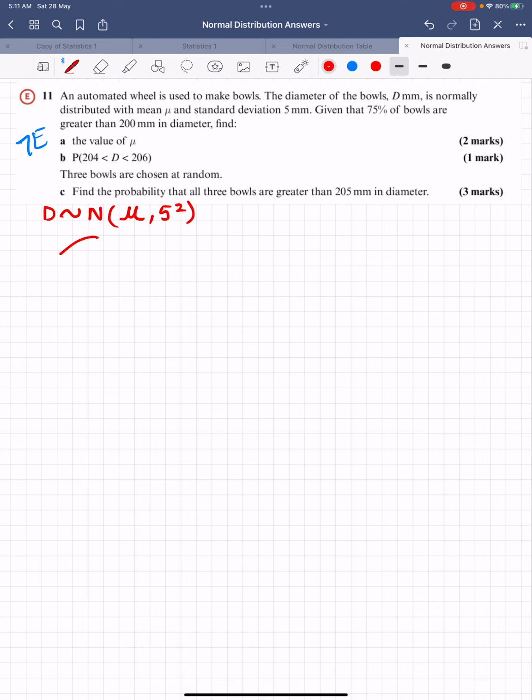So we have 75% of the bowls greater than 200 millimeters. When we have greater than, the probability should be to the right. So this is 0.75 probability to the right of 200, and this is our mean mu. We need to find the value of the mean, mu.